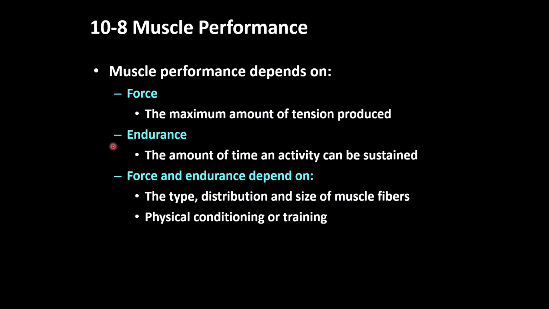For example, you're walking, jogging, or swimming. And these two, muscle force and endurance, or muscle performance in general, depend on the muscle fibers and also physical conditioning. Physical conditioning is related to the physical activities that you do, or the kind of athletic activities that you're doing.